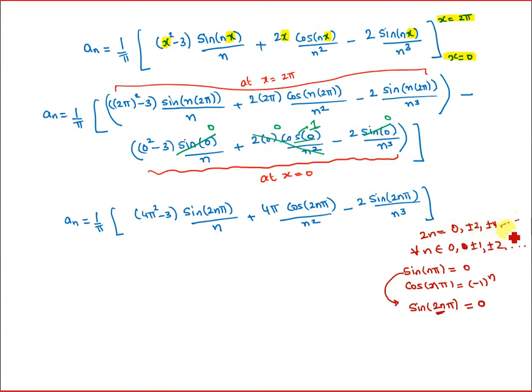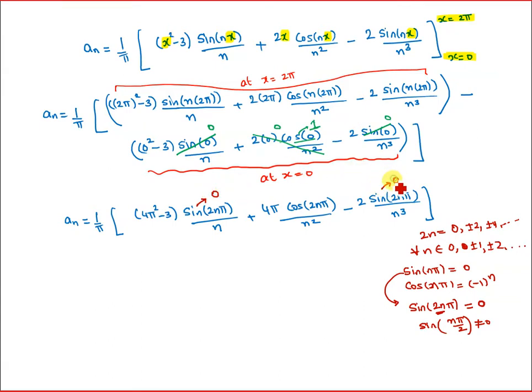So again sine of 2n pi will be 0 for all values, unless you get something like sine of n pi by 2 or sine n pi by 3, something like that. So this gives that sine of 2n pi is 0.